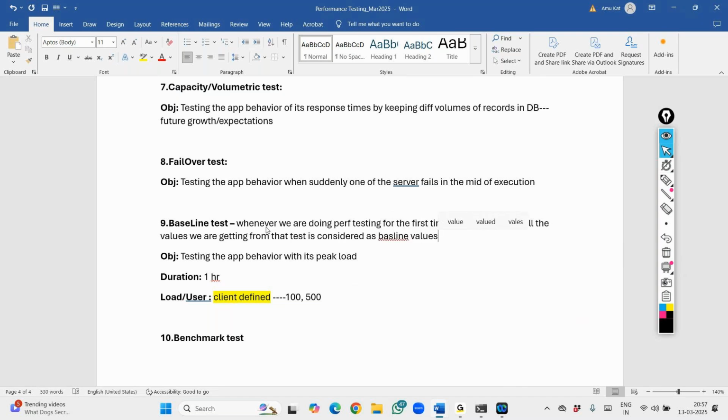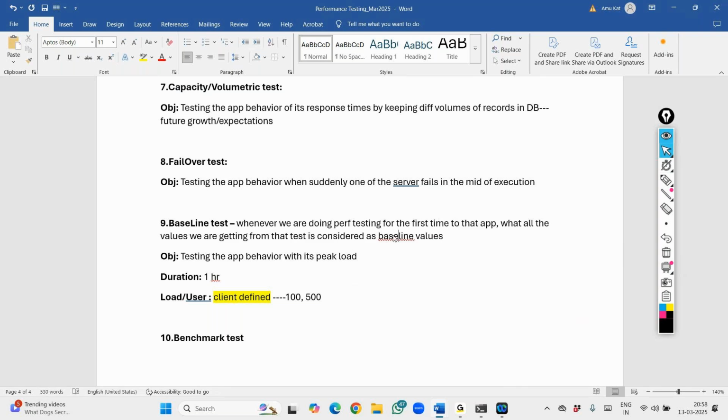Whenever you are performing the test for the very first time, and it is not in production, your development is just done and you have done one round of performance testing, and even the client is not aware of the SLA, then whatever values you see in your run are called baseline values.